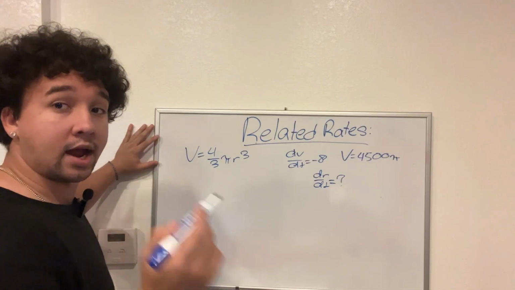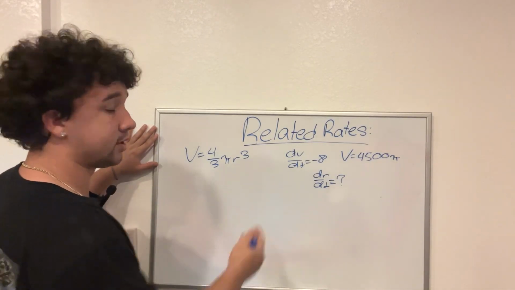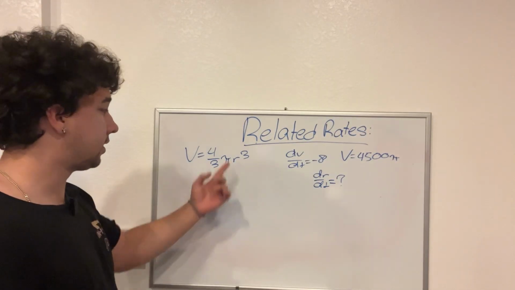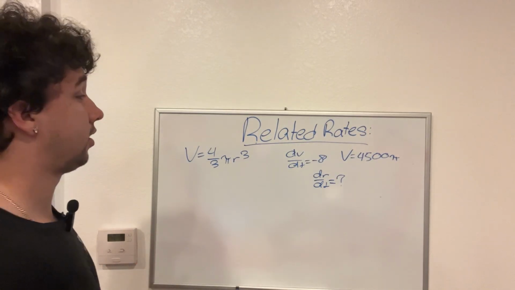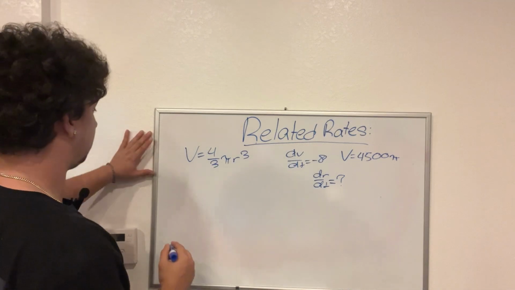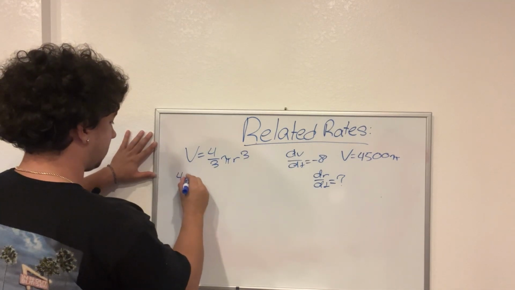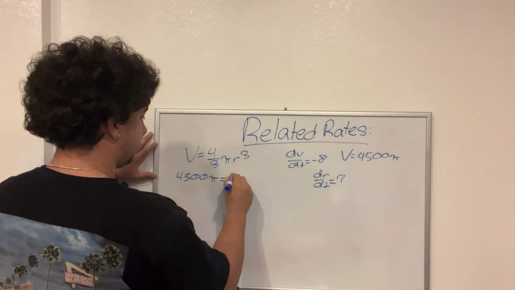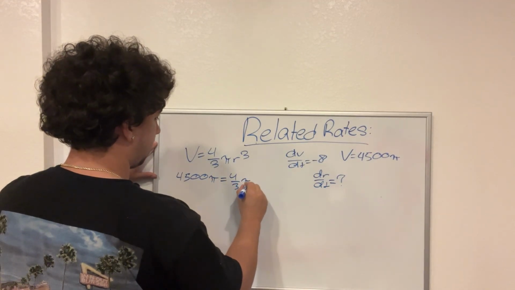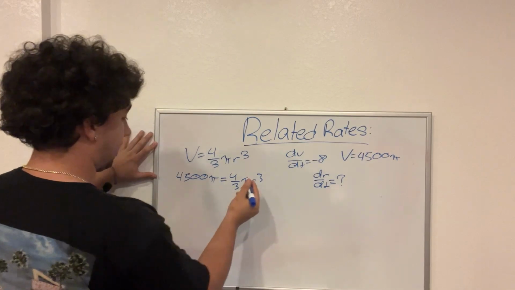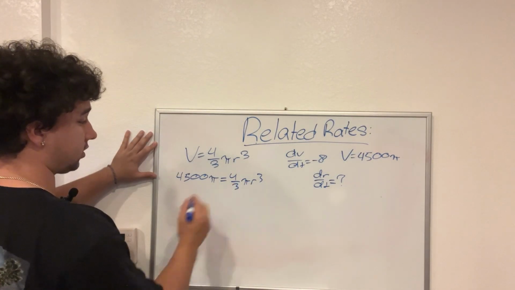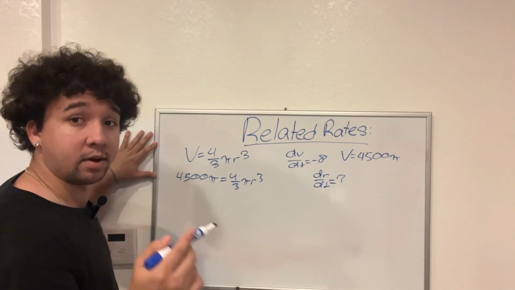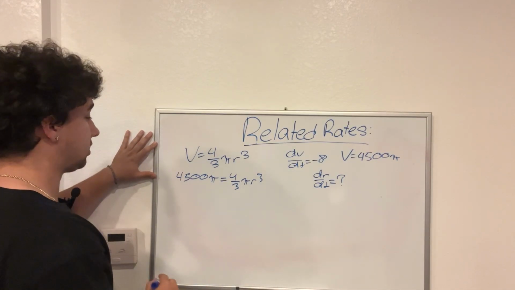I need to have every other variable in the equation other than dr/dt in order to solve it, because if not, I'll have multiple unknown variables. So that means I need to find r. How am I going to do that? Well, I'm given the volume, so why don't I just plug that in and solve for r? I have 4,500 pi is equal to 4/3 pi r cubed. I need to get the 4/3 to the other side, so I'm going to multiply by 3/4, because dividing by 4/3 is the same as multiplying by the reciprocal.